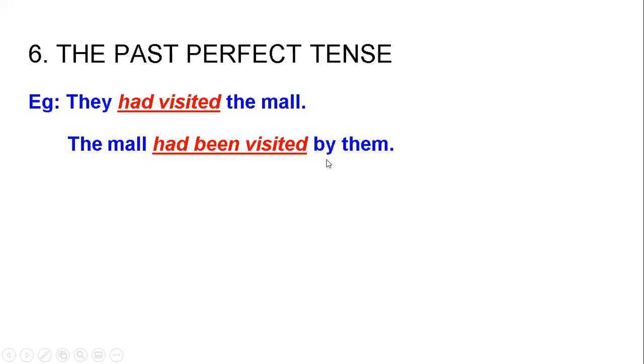And then you don't forget to add by, and had visited becomes had been visited. I told you you have to add the word been for the past perfect tense. Don't forget the tips. So they had visited the mall becomes the mall had been visited by them.